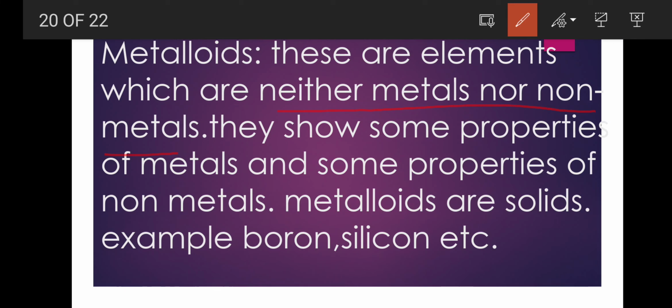They show some properties of metals and some properties of non-metals. Okay, metalloids are generally solids, and examples of metalloids are boron, silicon, germanium, tellurium and polonium. These are the examples of metalloids.